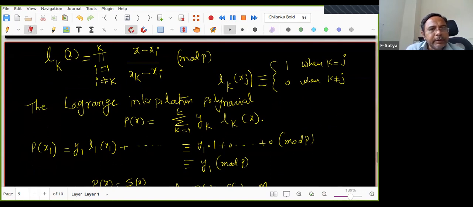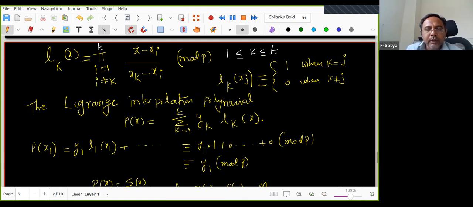Okay. So Lk of x equal to the product of x minus xi by xk minus xi. So k is changing, right? k is changing from 1 to t, so 1 less than or equal to k less than or equal to t.